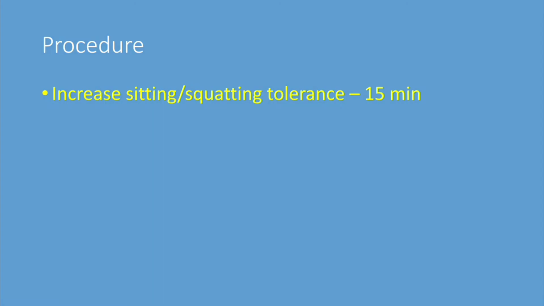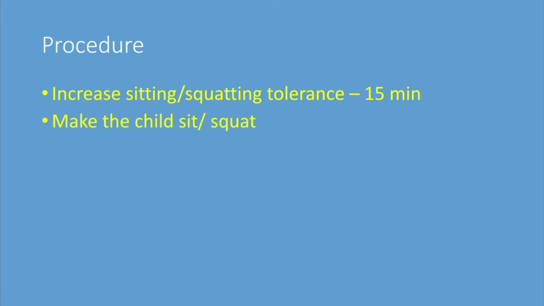We can do this at any time, need not be during the time of passing motion. During the day, at any time, you can make the child sit using their favorite toy or activity to get the child used to sitting in one position. Once the child has achieved this sitting or squatting tolerance, you can train the child during the actual act.